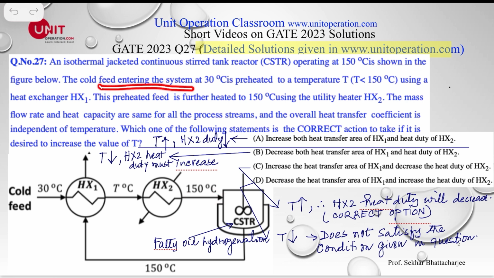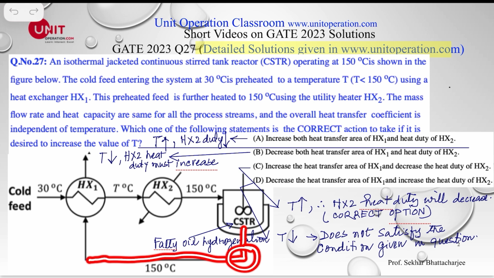The cold feed entering the system at 30 degrees centigrade is preheated to a temperature T less than 150 degrees Celsius. So this is my cold feed, and this is entering at 30 degrees Celsius. Now the product which comes out from the reactor contains a lot of heat energy.